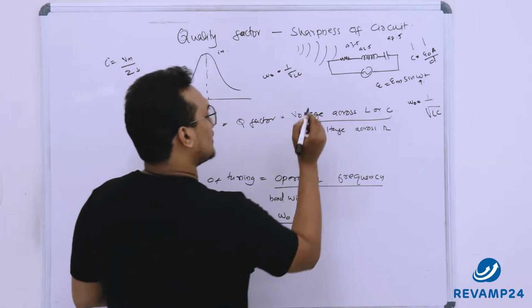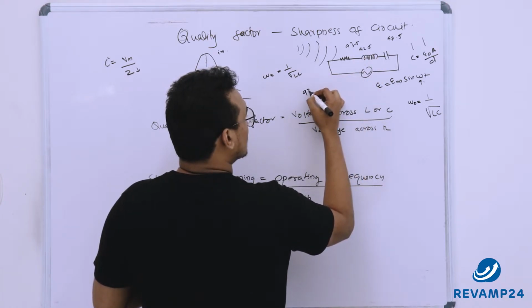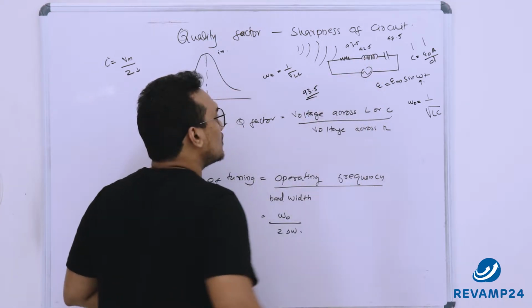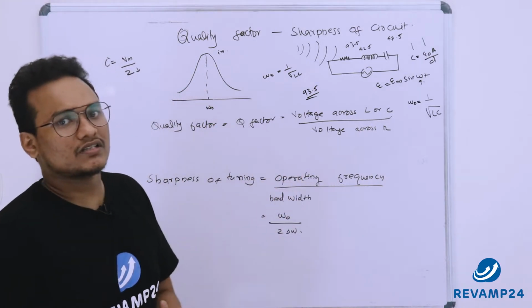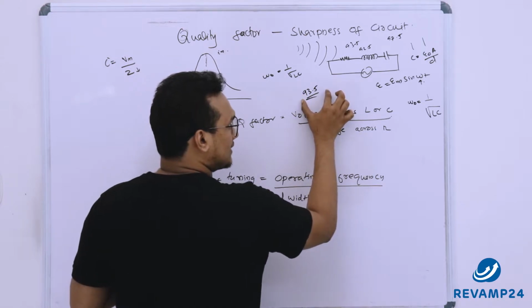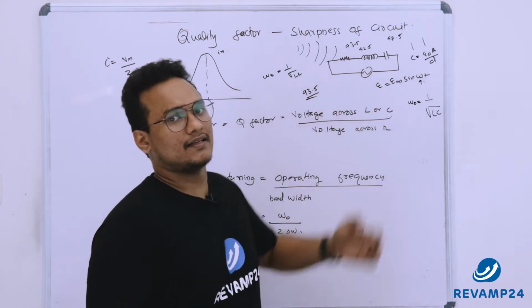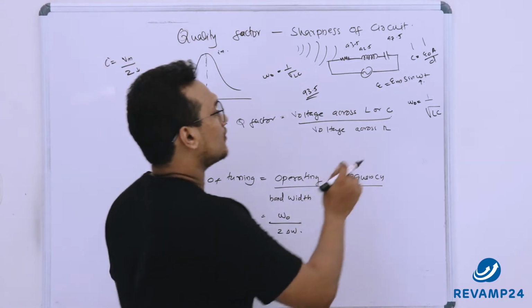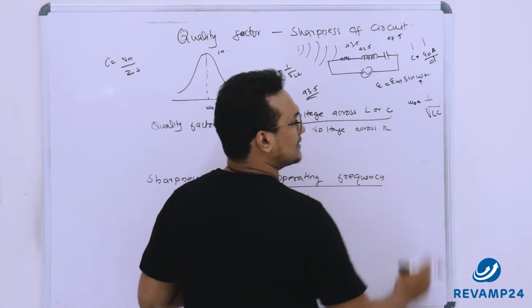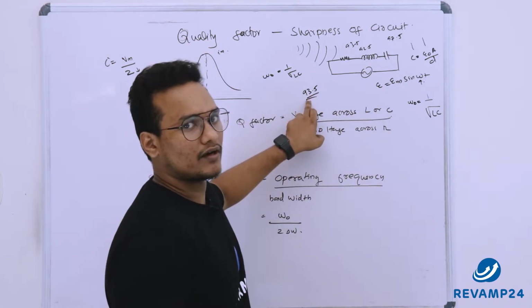Now see, let's say as of now we have tuned to a radio station of 93.5. Tuned to a radio station means that at 93.5 this circuit is finding its resonance, which means that 1 by root LC is equal to 93.5.